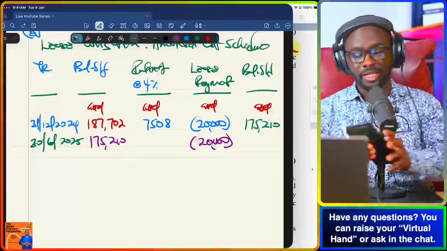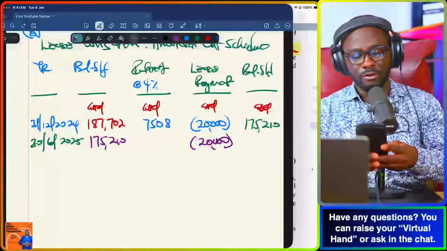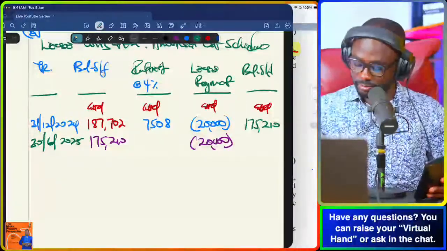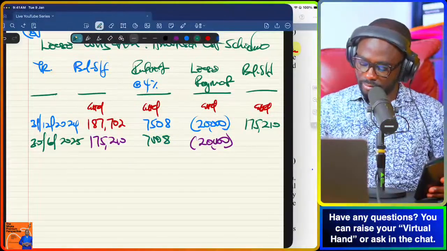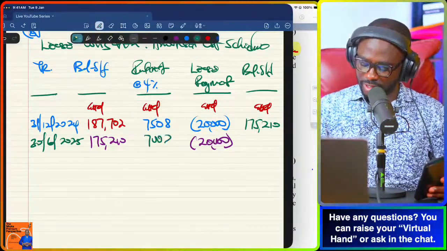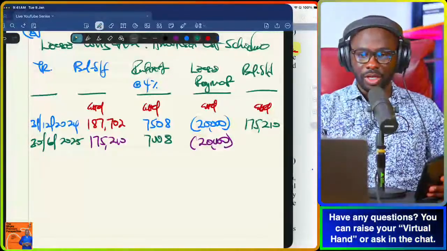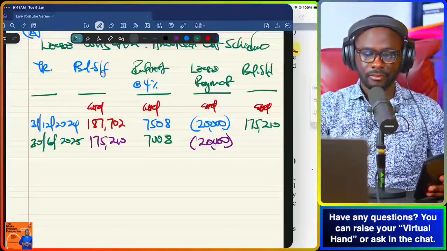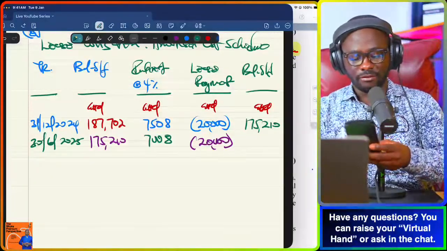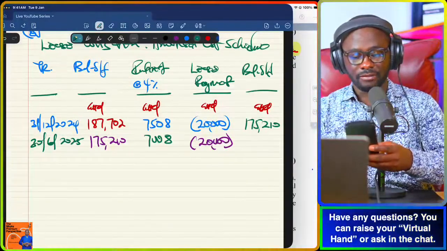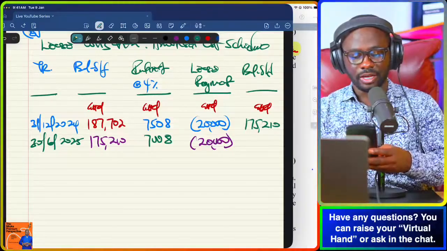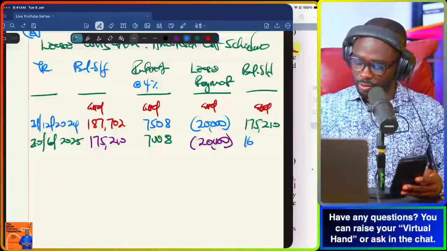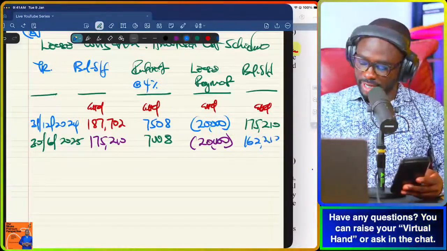Charge the interest rate. We bring in the lease payment times 0.04. That is 7,008. Then we punch the arithmetics for that. What do we have? 175,210 plus 7,008 minus 20,000, and that is 162,218.